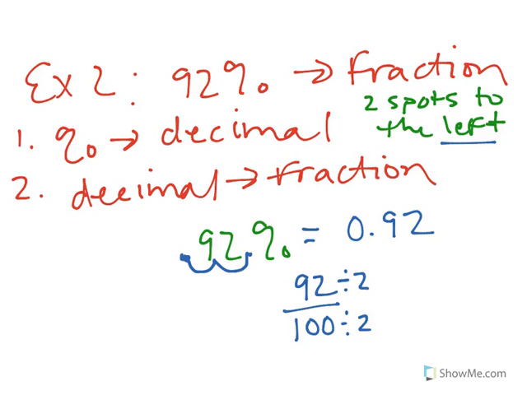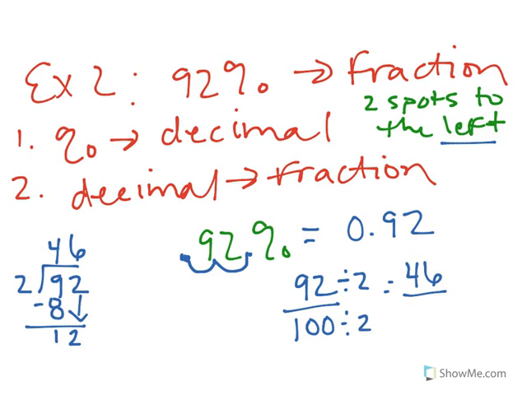Well, I don't know 92 divided by 2 off the top of my head, so I'm going to say 2 goes into 9 4 times. I'm going to subtract and bring down. 2 goes into 12 6 times. So I can say 92 divided by 2 is 46. 100 divided by 2 is 50. They're both even again, so I can divide them again by 2. 46 divided by 2 is 23, and 50 divided by 2 is 25.